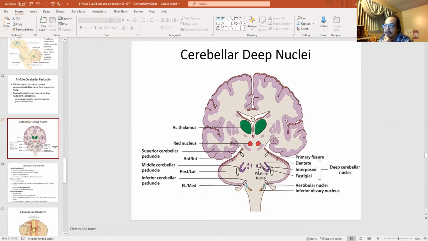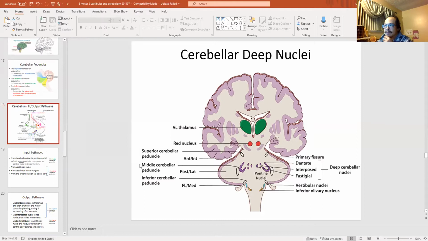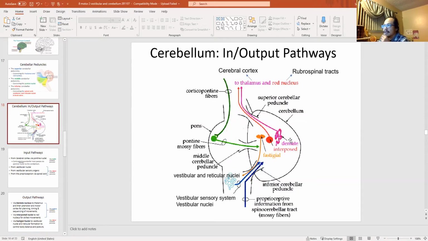These three pairs of nuclei are the source of the output for the cerebellum. So that is right here, three nuclei. Dentate, the output is to the thalamus and to the cortex.